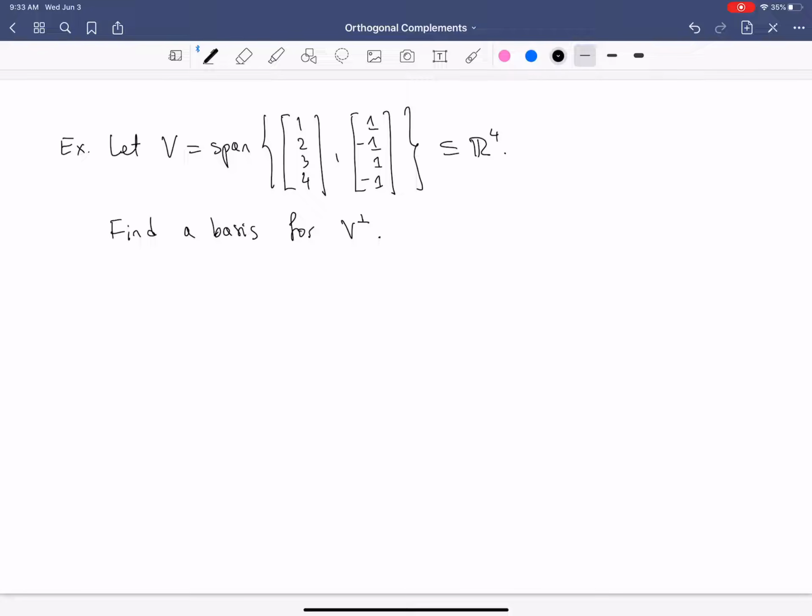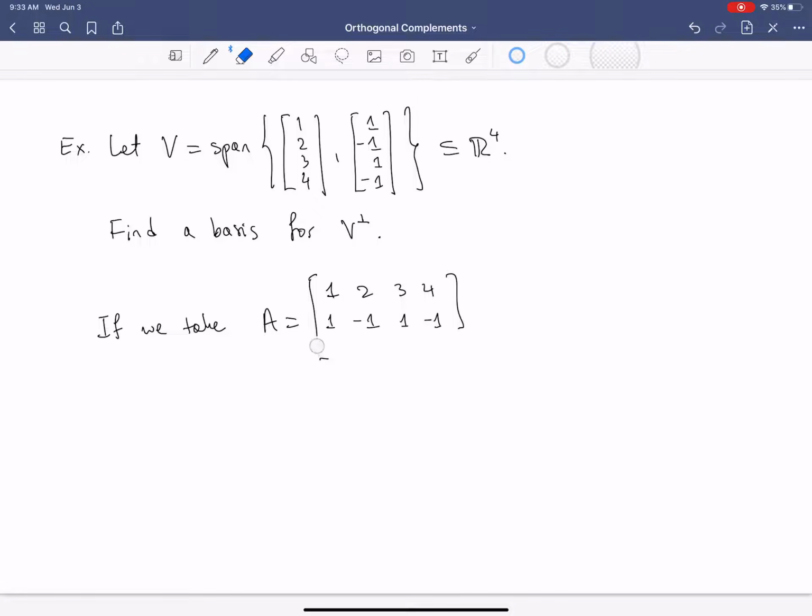Well, I can kind of do either, but then I want to know how to find the complement of what these vectors represent. So if we take A to be 1, 2, 3, 4, 1, negative 1, 1, negative 1.